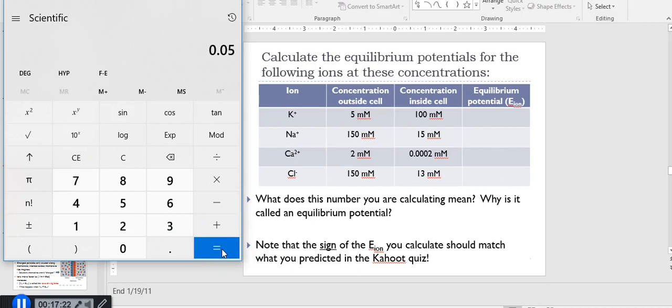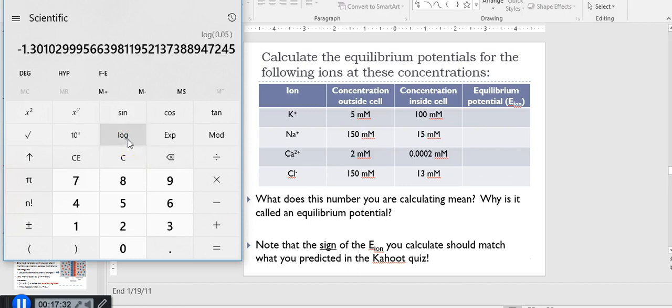So I rewrite the whole thing again. Once I figure this out, I have 0.05. I hit the log button, so I take the logarithm of it. So that's done. If you wanted, you could even rewrite it again. It would be 61.54 divided by 1 times minus 1.3.